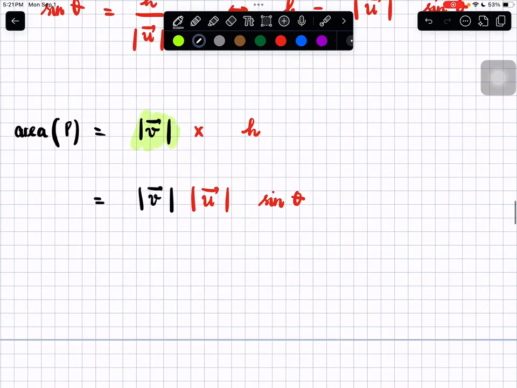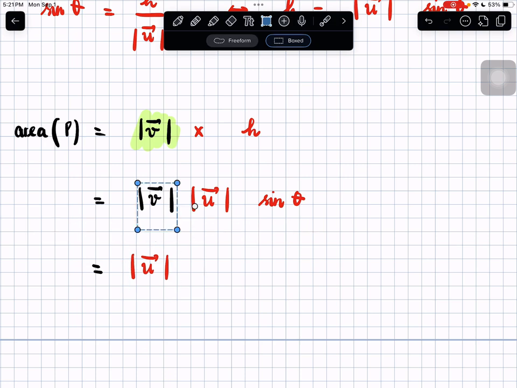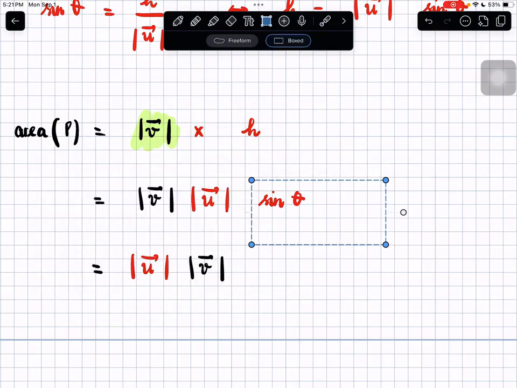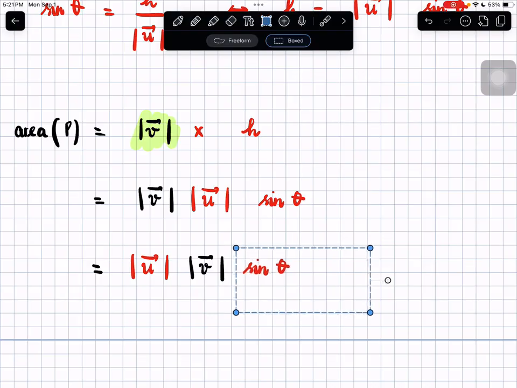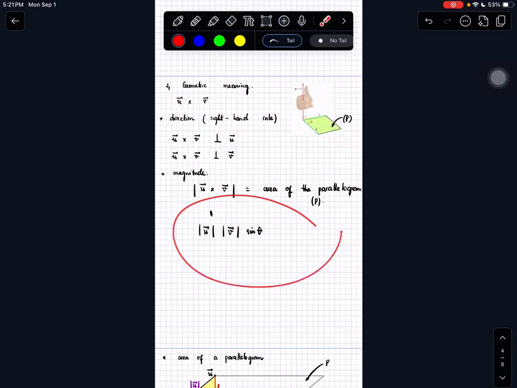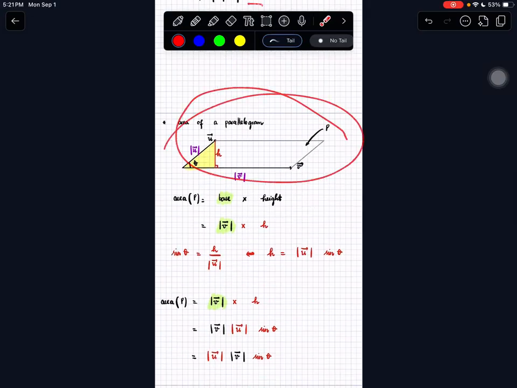By commutative properties, I can switch u and v to make it exactly the same as the formula we had before. The length of u cross v is length of u times length of v times sine of theta. This is the area of the parallelogram.